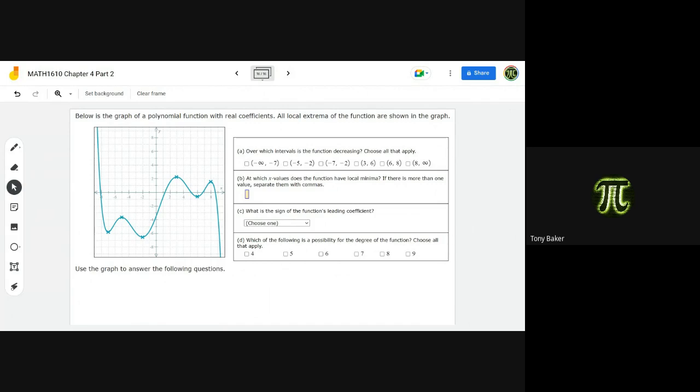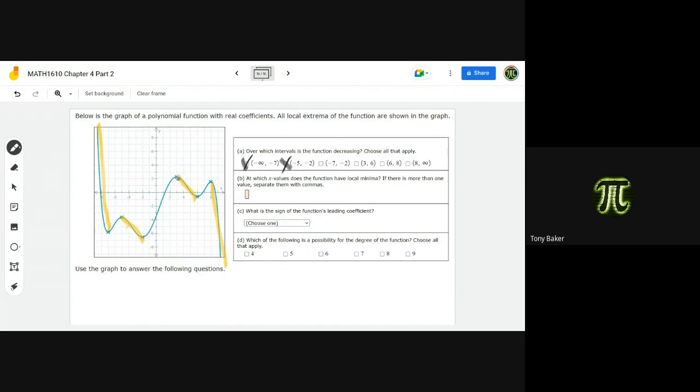So in this situation, my line's going down a few places. It's going down here, here, here, and here. Those are the 4 places it's going down, right? So that means it's going down from negative infinity to negative 7. It's going down from negative 5 to negative 2.